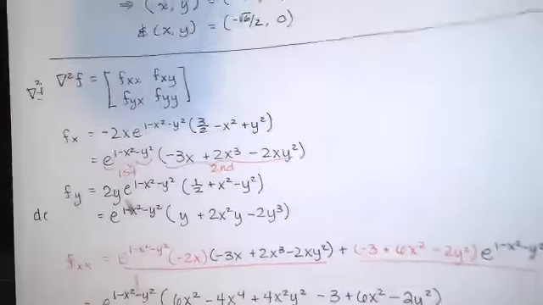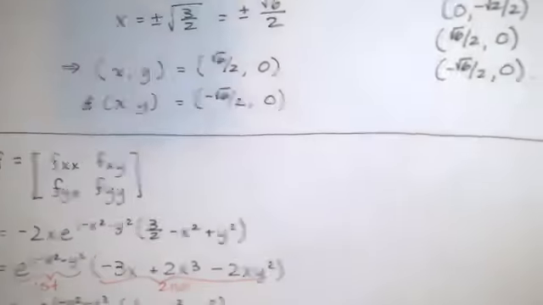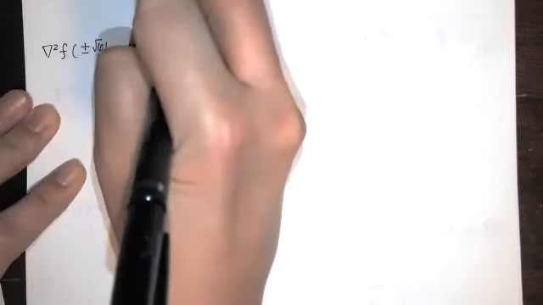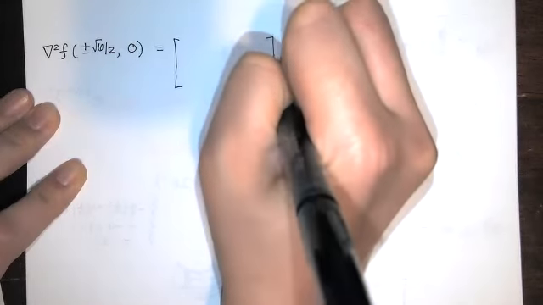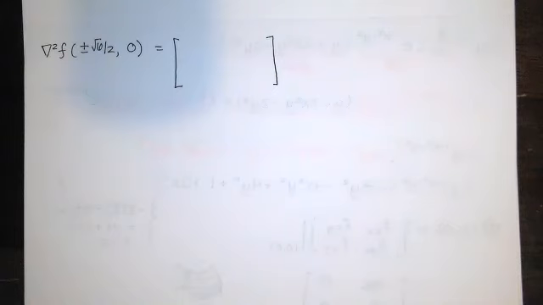All right, so let's look at those second partials. And I think we're going to have the same thing that happened last time, so I'm just going to get ready for that. I want those second partials at that location. X equals this, y equals this. Okay.